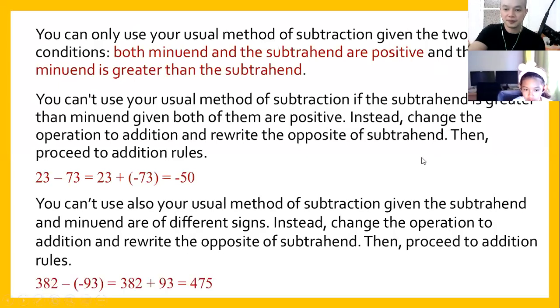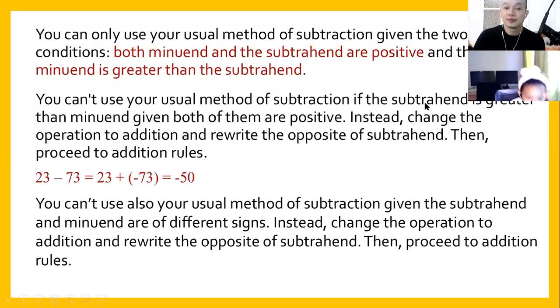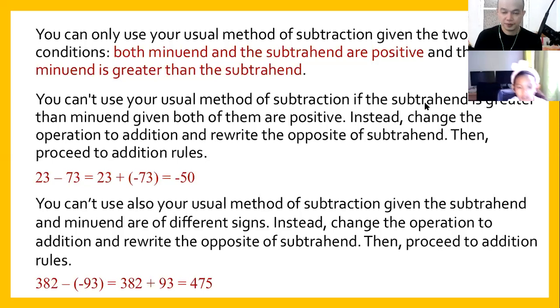When using your usual method of subtraction, given the subtrahend and minuend are of different signs, instead, change the operation to addition and rewrite the opposite of the subtrahend, then proceed to addition rules. So if the numbers are of different signs, you also cannot proceed with subtraction right away.